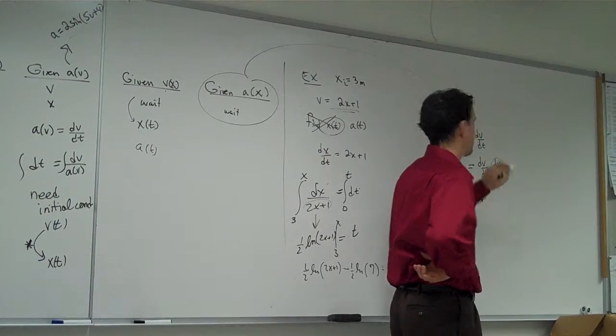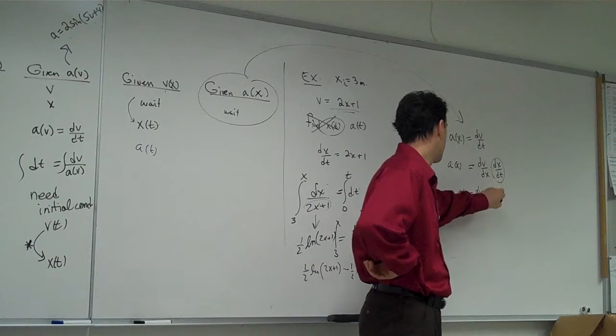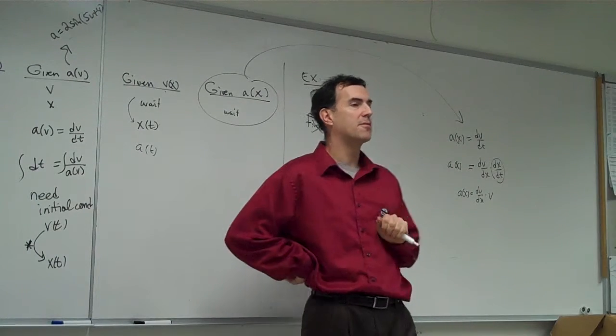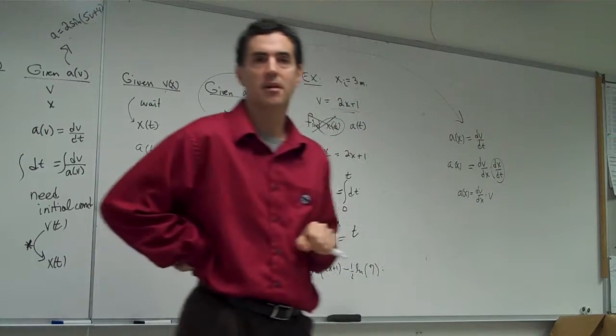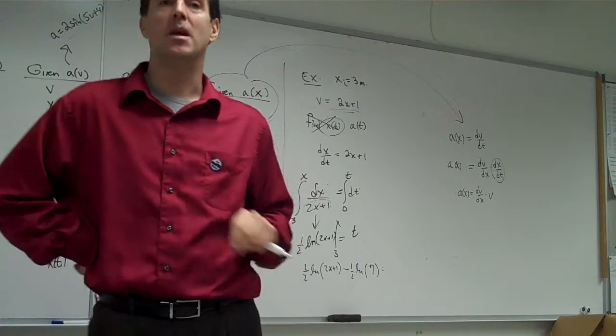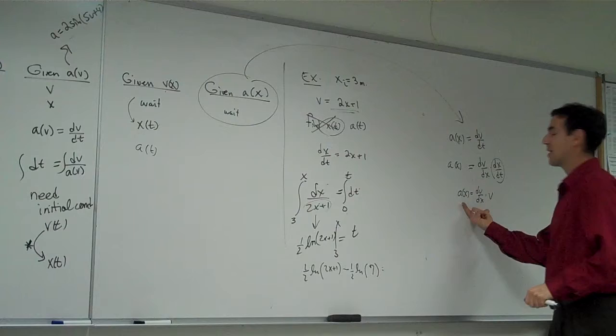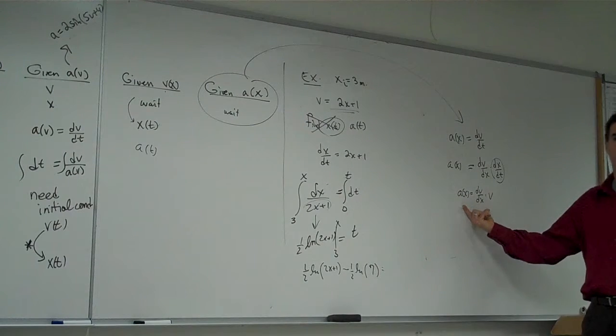What's another name for dx dt? Velocity. Yep. Now, how many different variables do I have? Two. So now that I'm down to two variables, maybe I can separate. In fact, to separate this, what should I do?